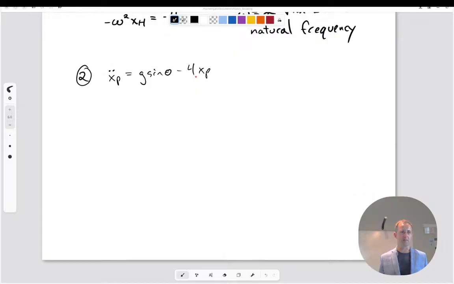I'll tell you a secret. The best way to do it is just guess. Start off with the simplest guess we can have. Super boring guess is that it's 0, that it's not going to change. But then we have 0 equals G sine theta minus 0. Does G sine theta equal 0? No, so that one's no good.